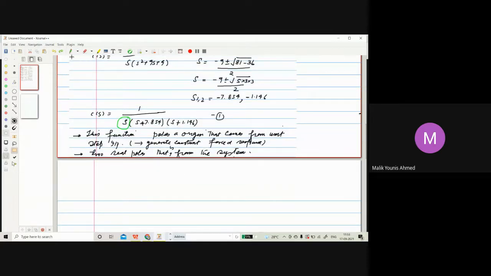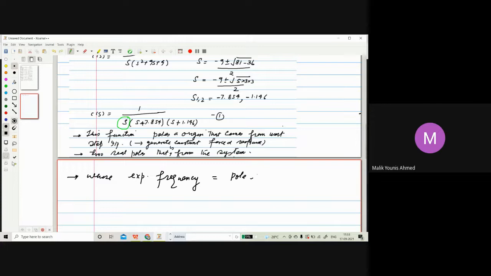So let's move further. The input pole at the origin will generate the constant forced response, and each of the system poles on the real axis will generate an exponential natural response, whose exponential frequency will be equal to the pole location.